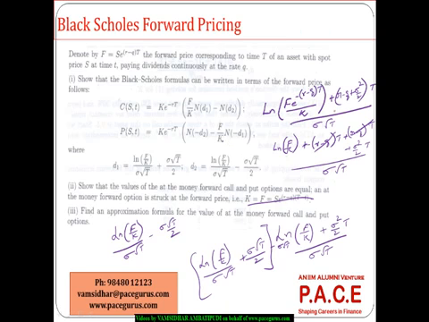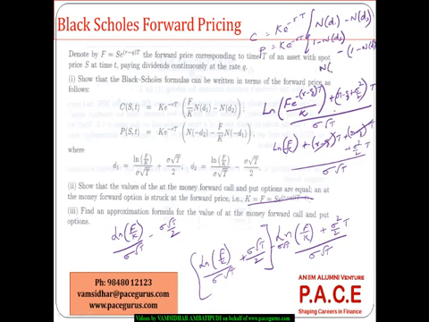So as long as F is equal to K, the call option is becoming K e power minus rt times N d1 minus N d2, whereas the put option is becoming K e power minus rt times N of d2 minus N of d1. Since F and K are same, N of minus d1 is 1 minus N d1.